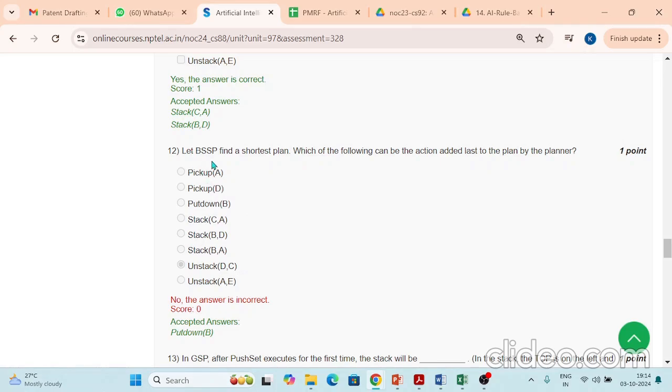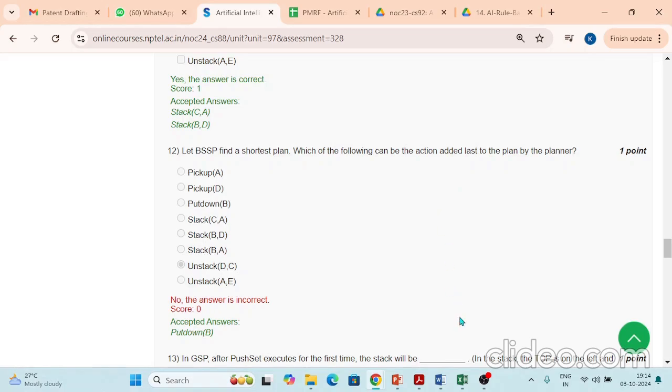Okay, now let's do backward search to find the shortest plan. Which of the following can be the action added last to the plan by the planner? Now we are coming from the back side. What is the last action performed by the plan?